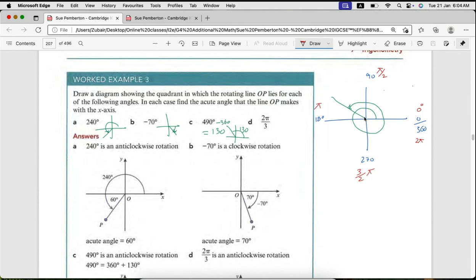So it lies in the second quadrant. This is 120 degrees actually.